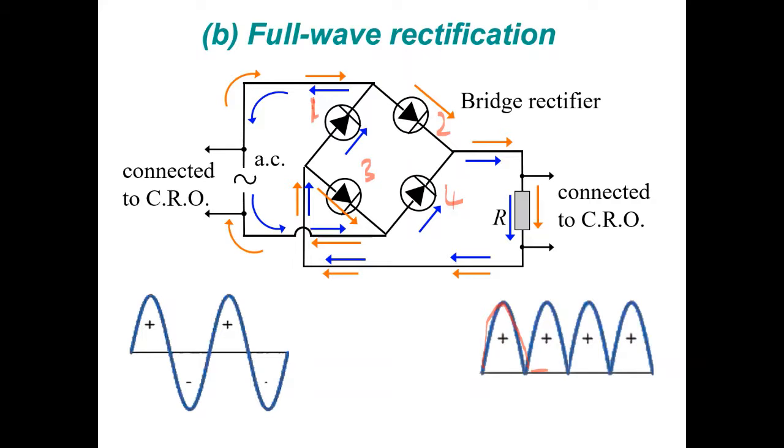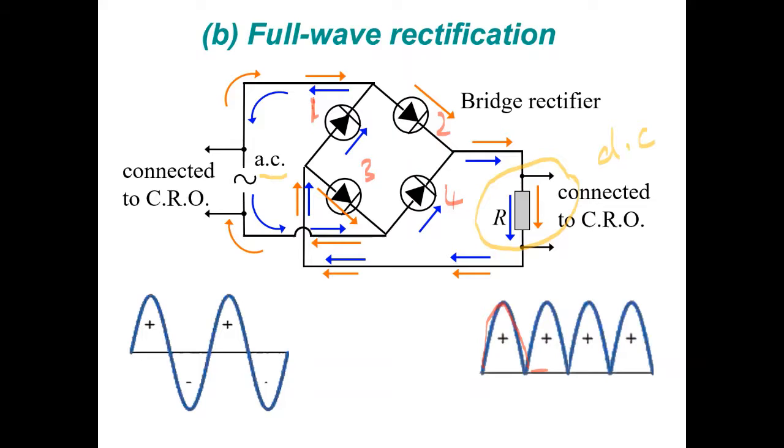As you can see here, they are the same direction. You look at these 2 arrows: the orange one is in the same direction as the blue one. That means the current flowing here is a direct current, even though you are using alternating current.